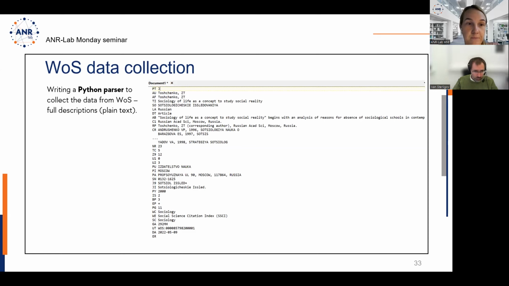We collected the full descriptions of articles with citations, with cited references which are used by the authors. And we saved it just as plain text, so this information is stored in just TXT form.